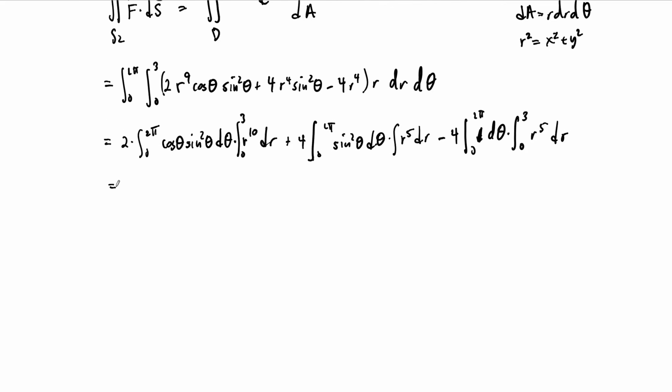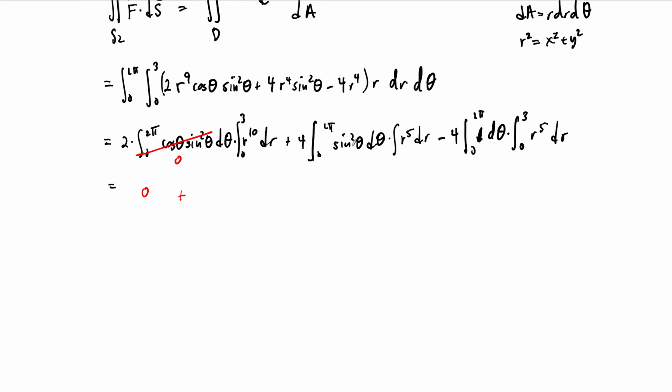And as we work this out, this one is going to be a u substitution, right? But as we look at this, this one's going to end up being 0. As you make a u substitution, you let sine of theta equal u, then these two endpoints have the same value. So this one is 0. So that one's gone.